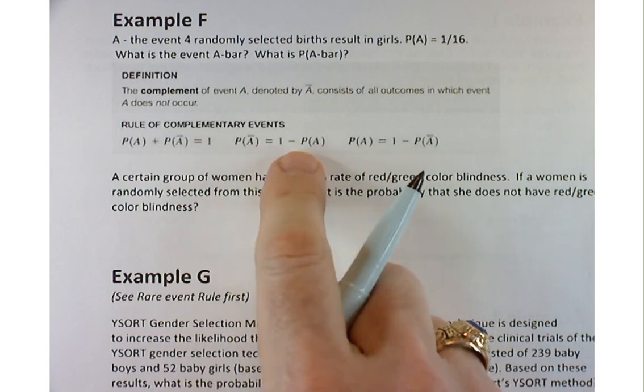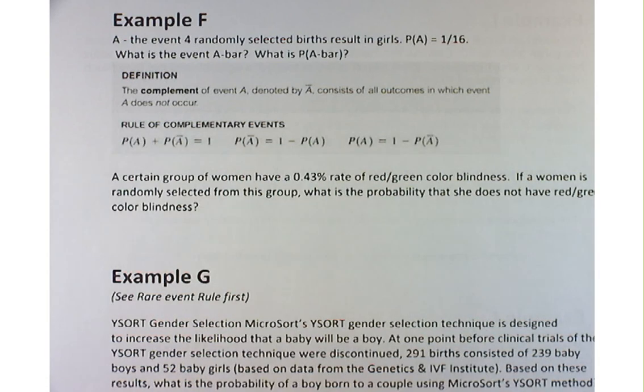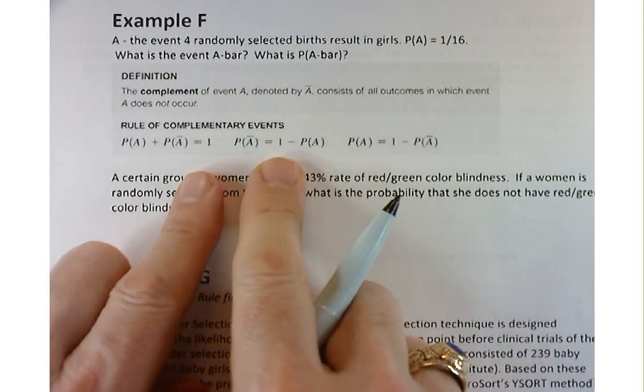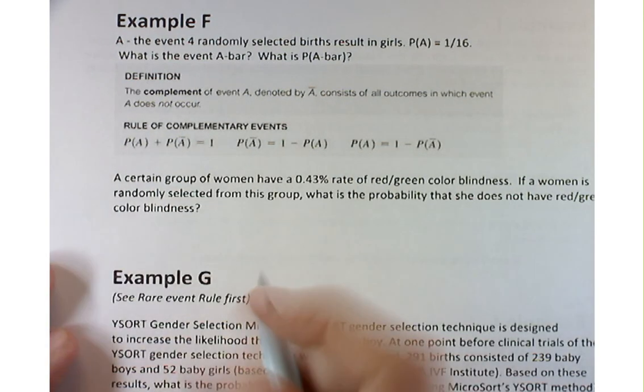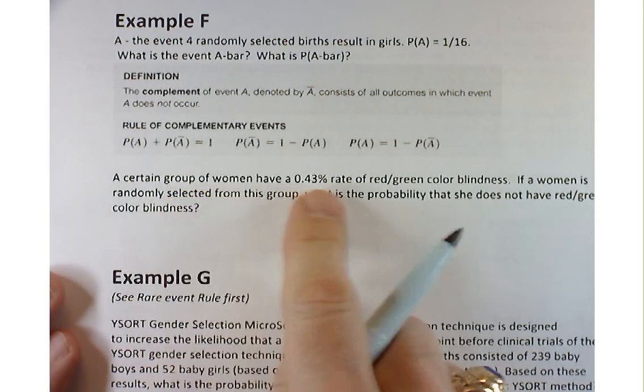So we're going to start using some rules to calculate our probabilities rather than just relying on enumerating the sample space and saying the number of ways an event can occur over the total possible outcomes. Let's look at this one.